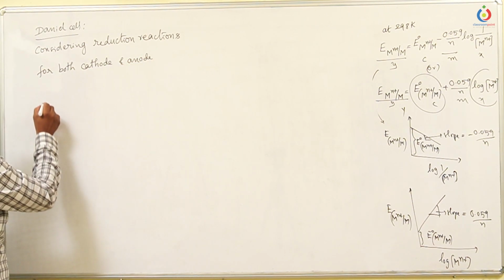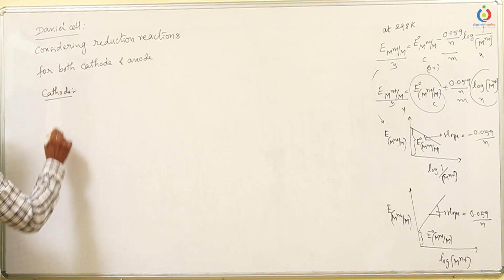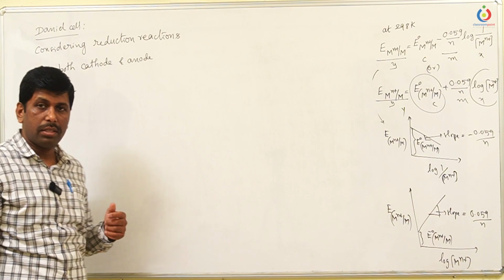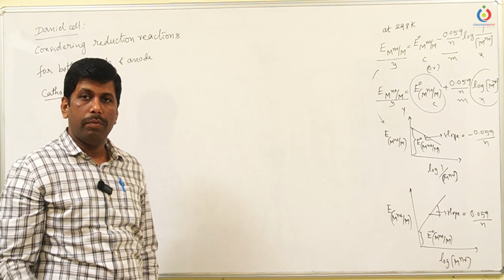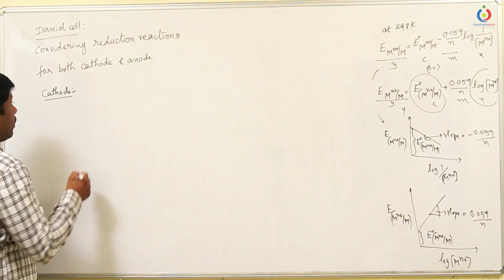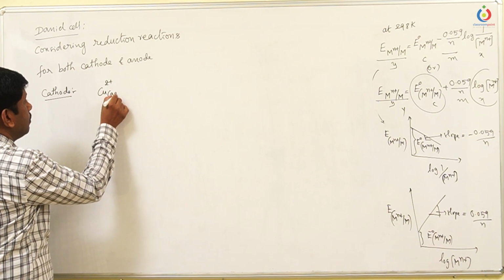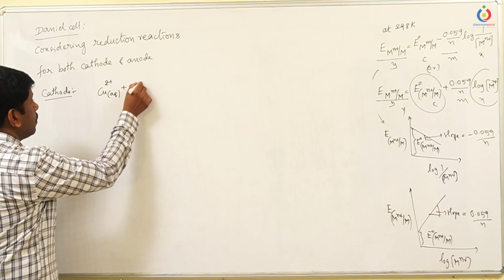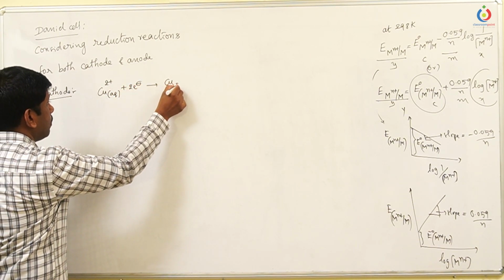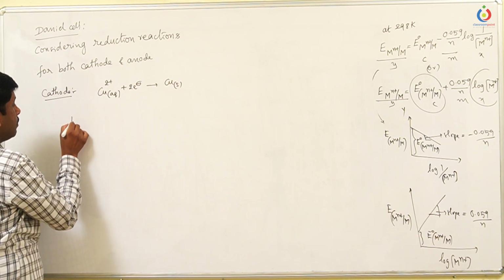Here, the cathode reaction. We already discussed the reduction reactions happening at the various electrodes in the Daniell cell. Cathode means the copper electrode undergoing reduction: Cu2 plus in aqueous form takes up 2 electrons and deposits as copper metal, applying the same Nernst equation at 298 kelvins.